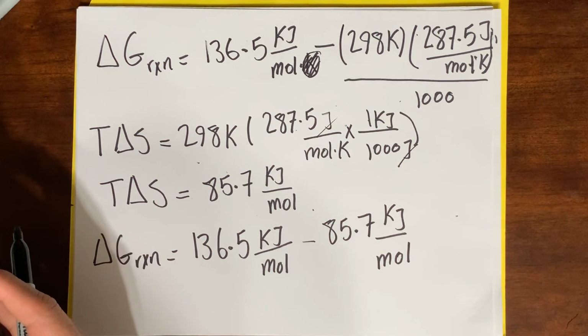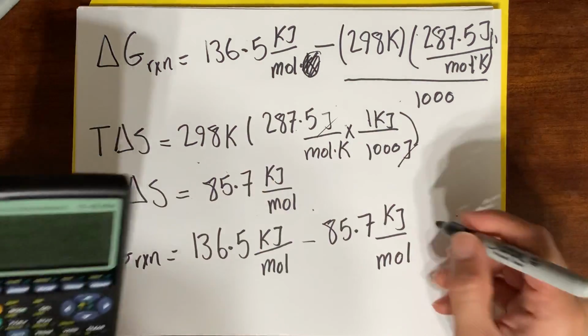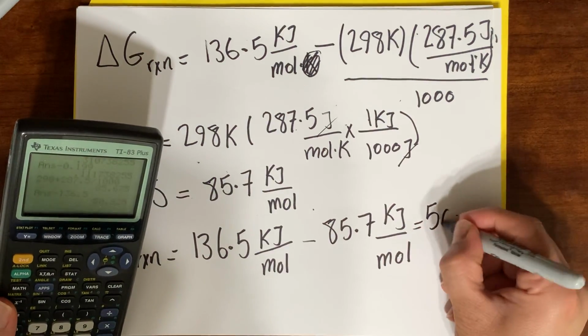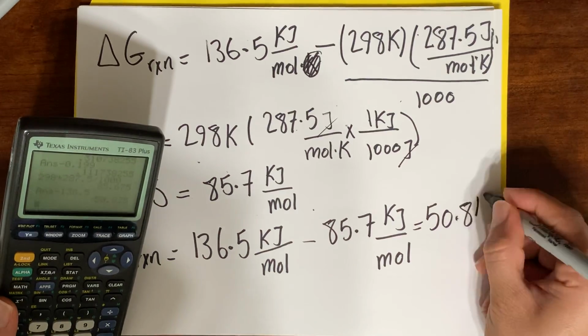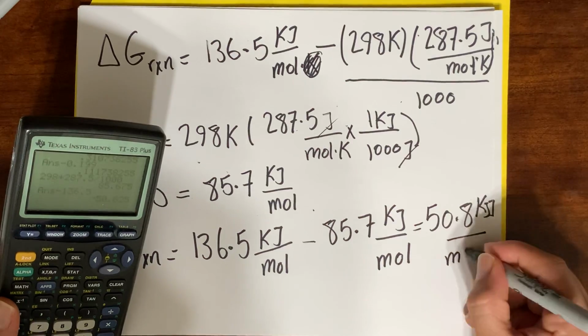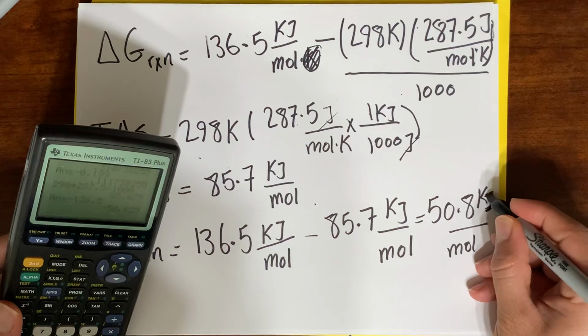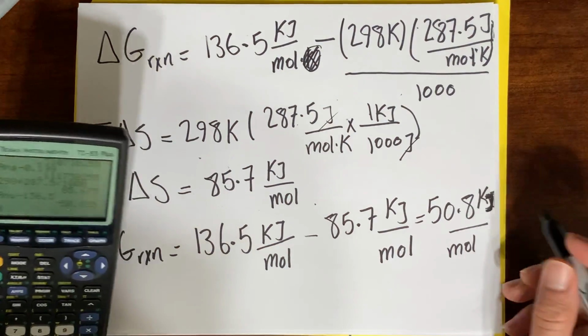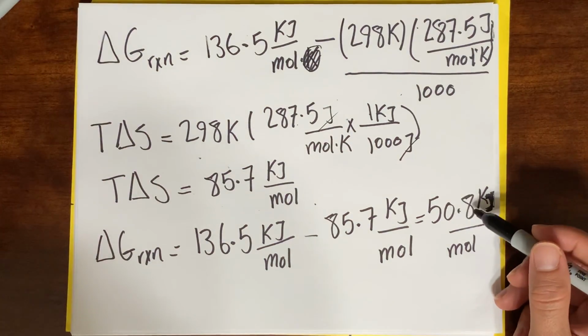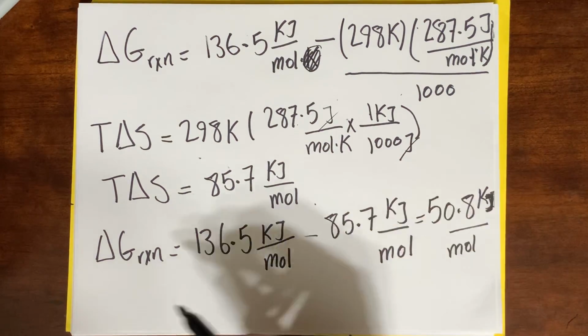So 136.5 minus 85.7, I got 50.8 kilojoule over mole. So 50.8 kilojoule per mole is a positive number.